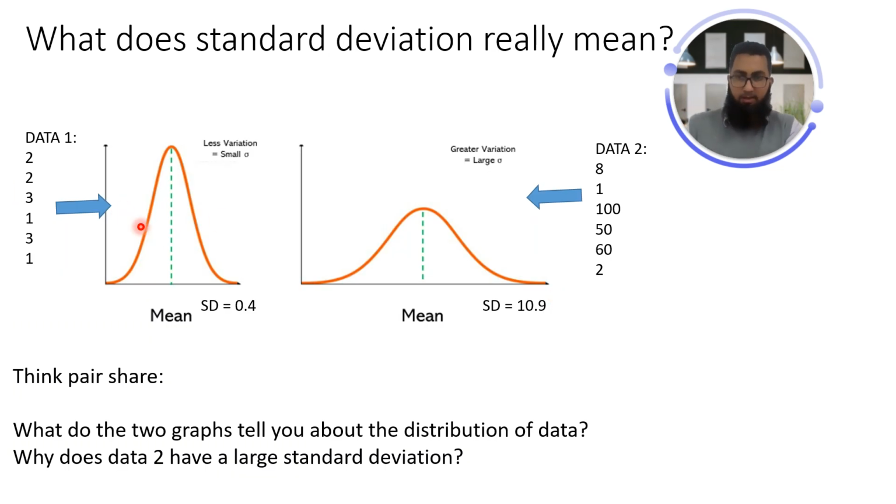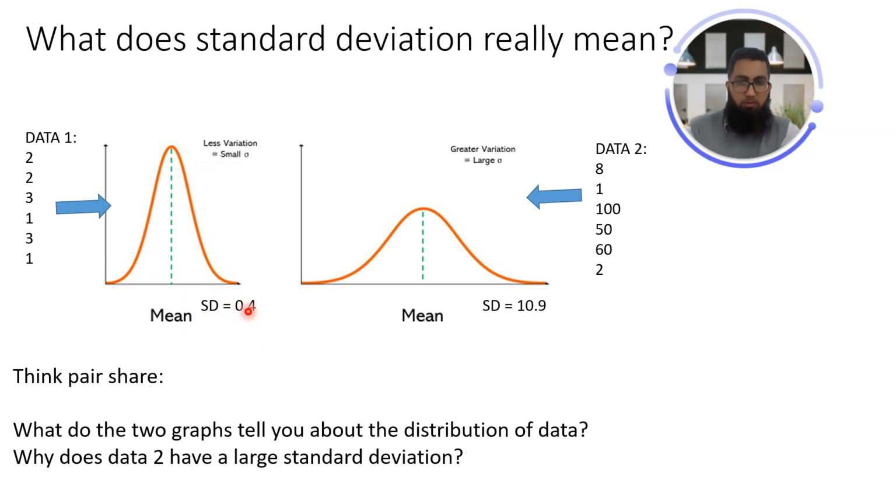This graph here, maybe you might not understand at this moment, but later on you will. They don't really teach you about graphs in the exam, that doesn't come up. But if the numbers are very, very close together, the standard deviation number is small.